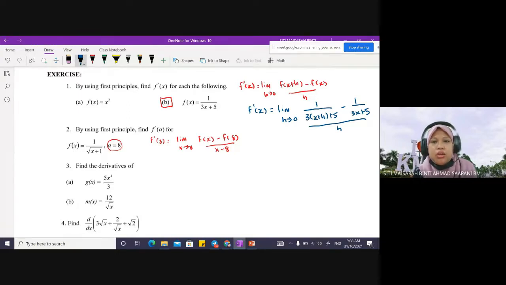Ataupun dua-dua tak boleh pakai. Yang mana satu kita nak pakai? Kalau untuk case yang ni, this is rational function. Kalau bentuk macam ni, kita nak pakai apa? Okay, kalau bentuk macam ni, kita kena buat equate denominator. Untuk part yang atas ni, kita kena equate denominator. Kita kena samakan penyebut dia. Okay, jadi dia akan jadi limit h approach 0. Bawah ni ada 2 bracket lah.